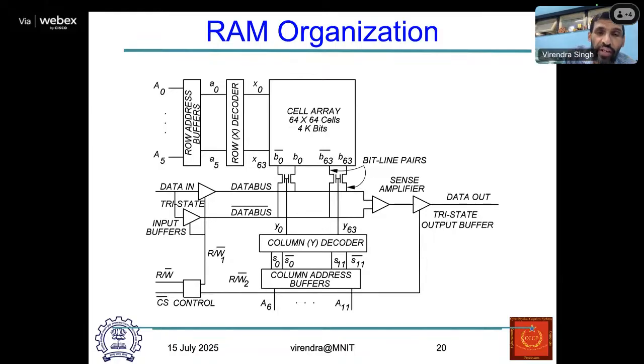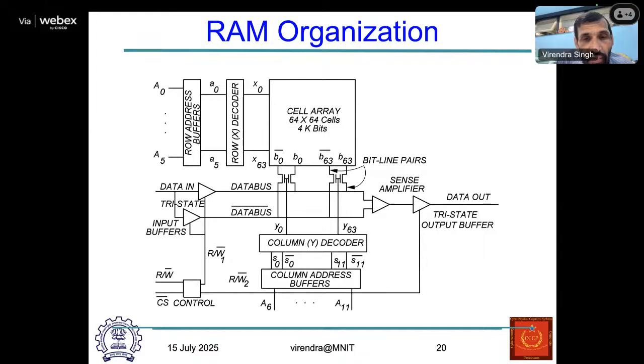Because this is a regular array and it has very limited functionality, that's very important. If I look at random logic, I don't know the functionality of the circuit. Every circuit has different functionality. If I implement a microprocessor, it provides some kind of abstraction, but that is still vast.